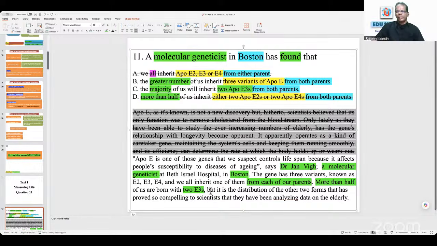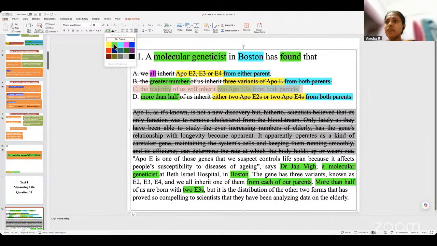So more than half, the greater number of us, majority. More than half. So that also is eliminated. The majority of us inherit more. Majority means more than half of us. Yes, that is what we learned in the scale.